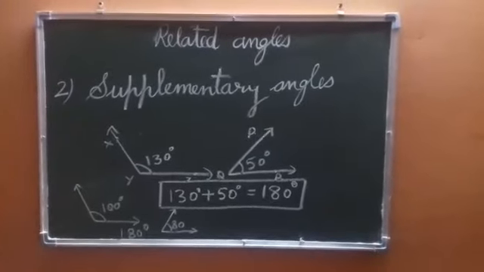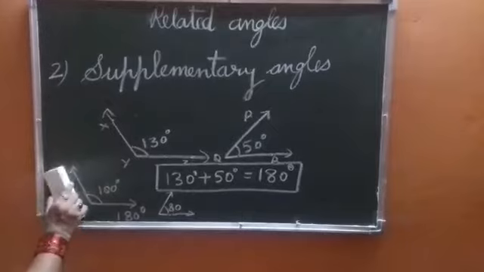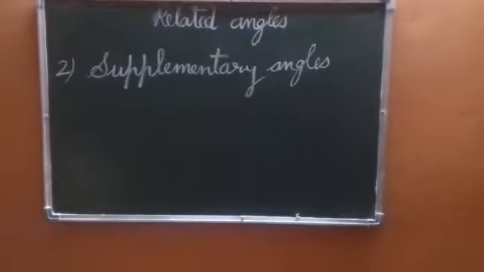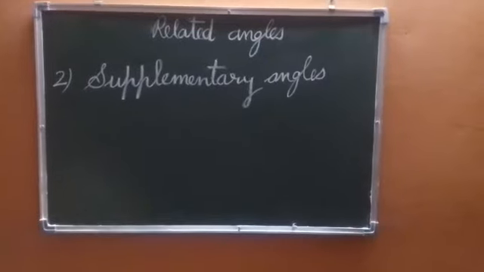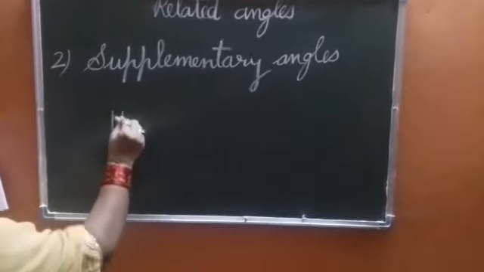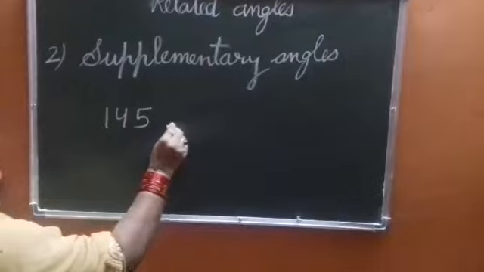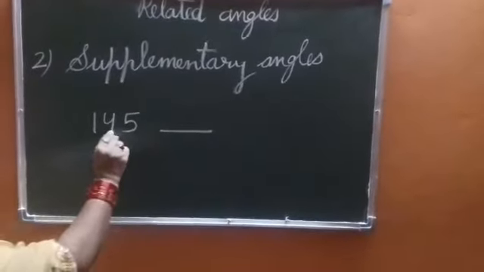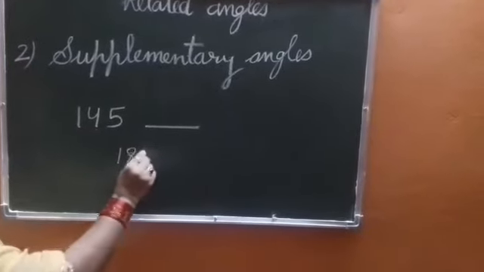Now without drawing the angle, just with the help of the measure, see how we can find out. Suppose we have an angle equal to 145 degrees. What will be the measure of its supplement? Now we know that the sum of supplementary angles must be equal to 180 degrees.